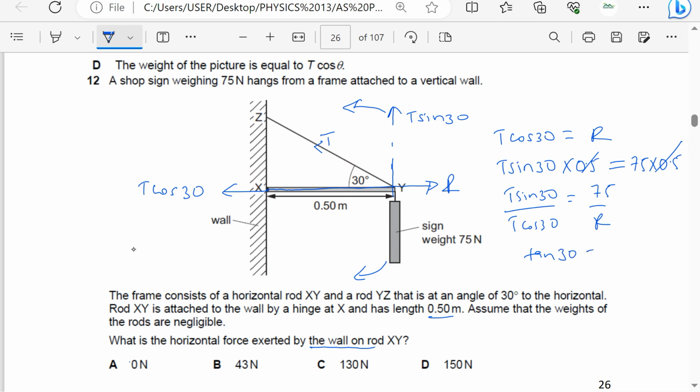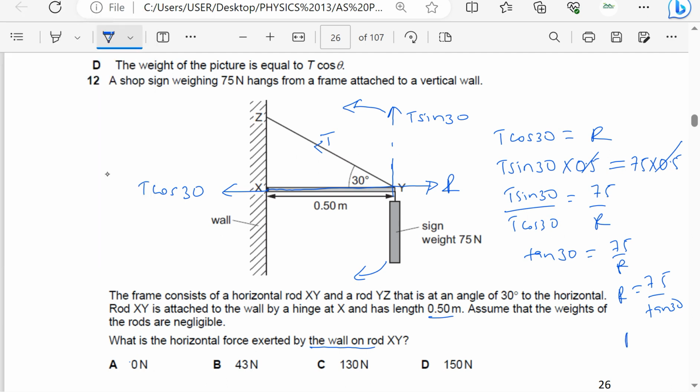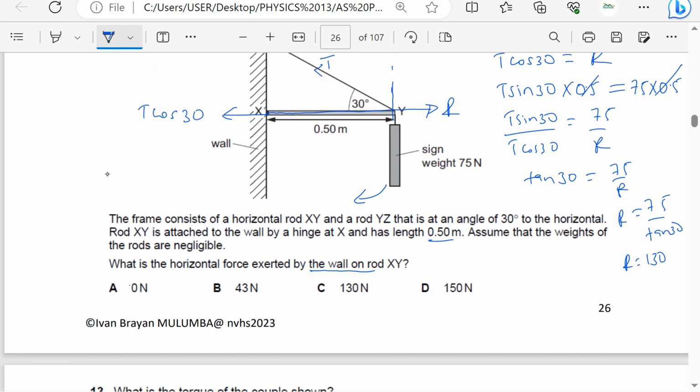Tan of 30 is equal to 75 over R. So R is going to be equal to 75 divided by tan of 30. So this is 129.9, which is approximately 130. So R is going to be 130 newtons. So the answer is C.